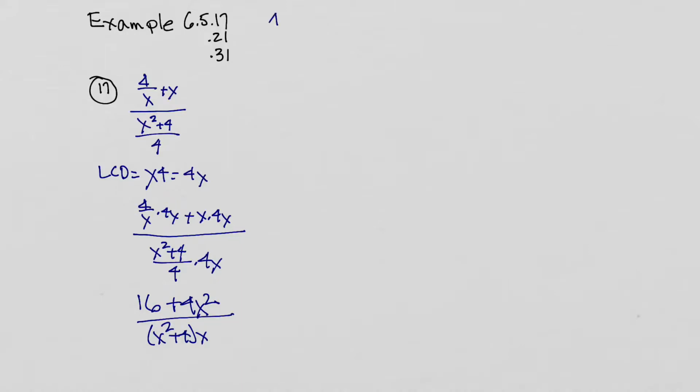What I'm left with, 4 times 4 is 16, plus, and if I take a 4 out of this 4x squared, I'm left with an x squared, over, down in the denominator, an x squared plus 4 times an x, and in making that cancellation, we are left with 4 over x.